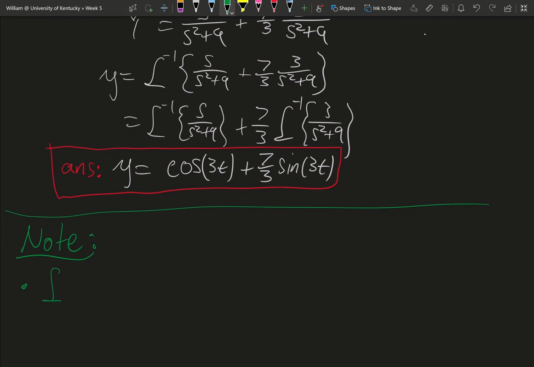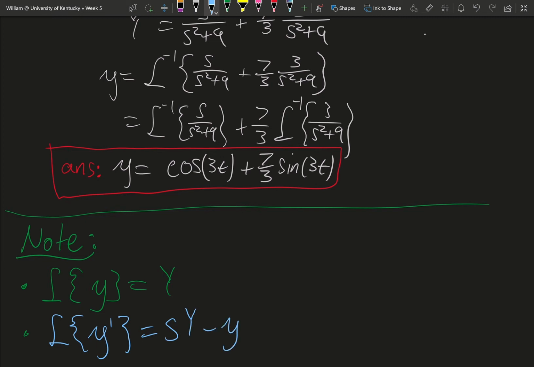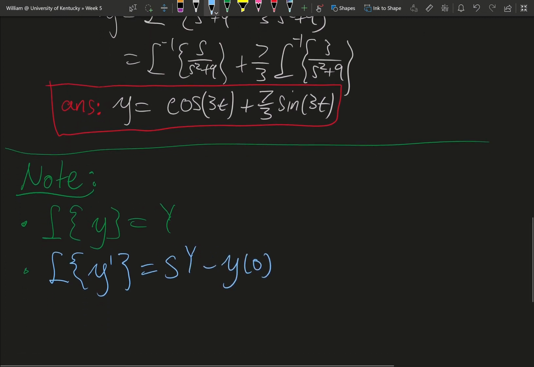If we say that the Laplace transform of little y is capital Y, then the Laplace transform of y prime is s times Y minus y evaluated at 0.